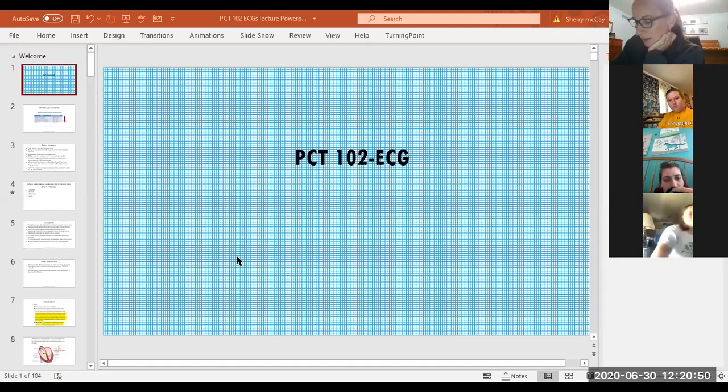Blank is the period during which a heart chamber is contracting and blood is being ejected, okay? That should have been systole. This is true and false. Blood pressure is the result of cardiac output and peripheral vascular resistance. And that should be true.